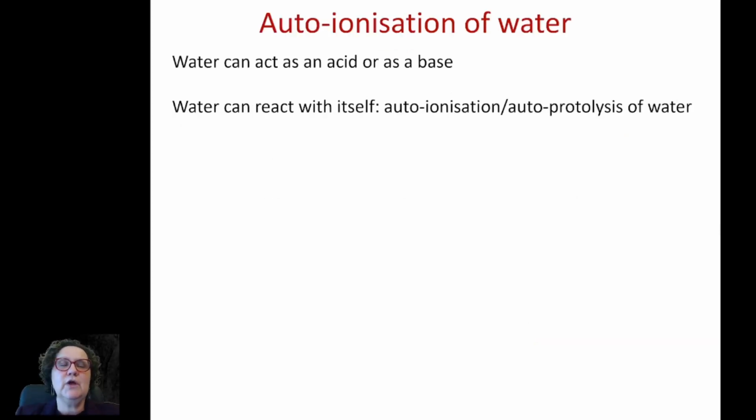Okay, so we were discussing that water can act as an acid or as a base. So it can donate hydrogen ions or accept hydrogen ions. That means potentially two molecules of water could react with each other in an acid-base reaction, and they do, because one could donate a hydrogen ion and the other one accept it.